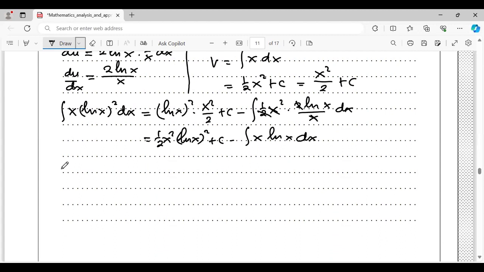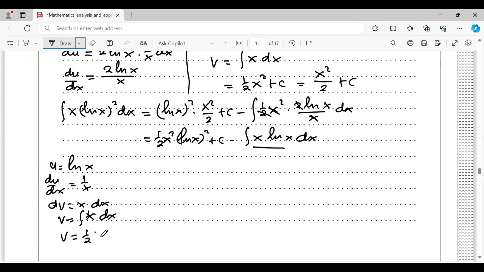Now I will use the second substitution for this integral. If u equals ln x, so du dx equals 1 over x. So dv equals x dx, v equals integral x dx, equals half x squared plus c.